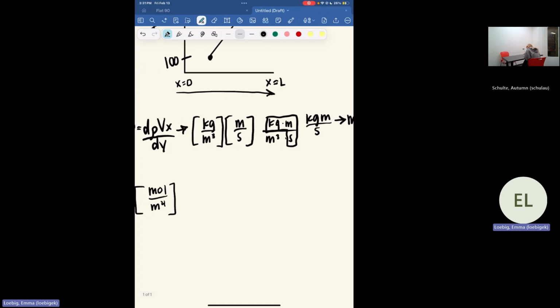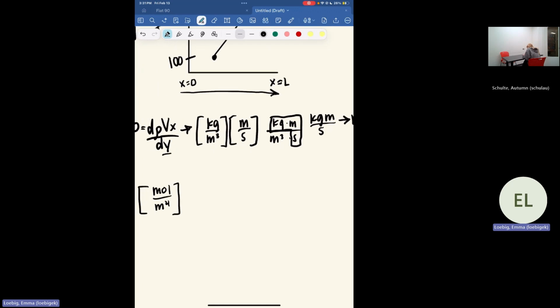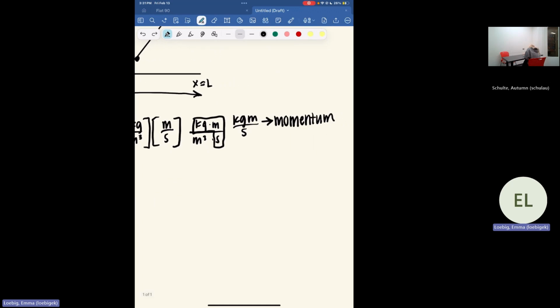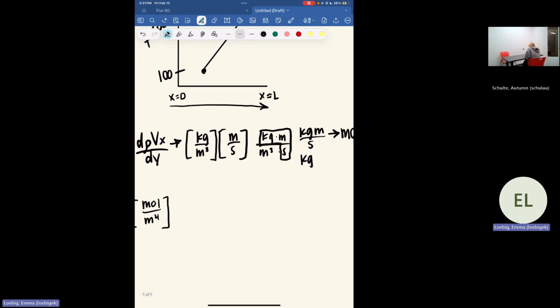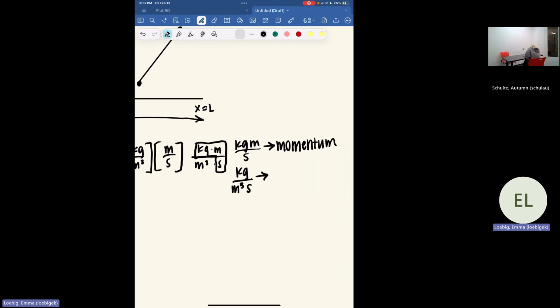Dividing by our volume and our change in y, we get kilogram per meter cubed second, which is our momentum concentration.